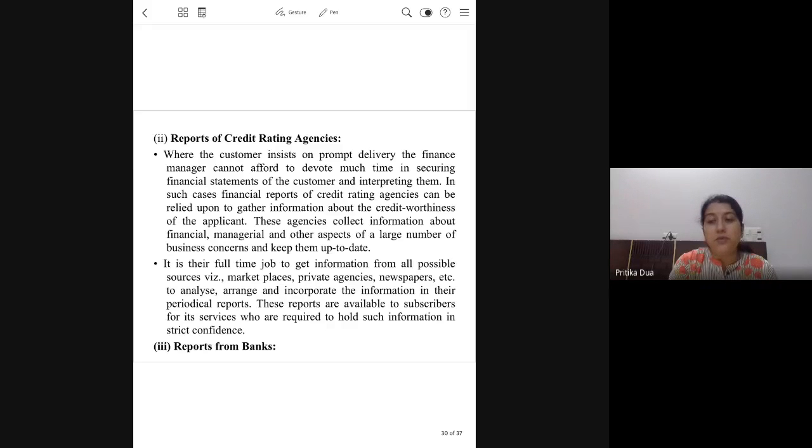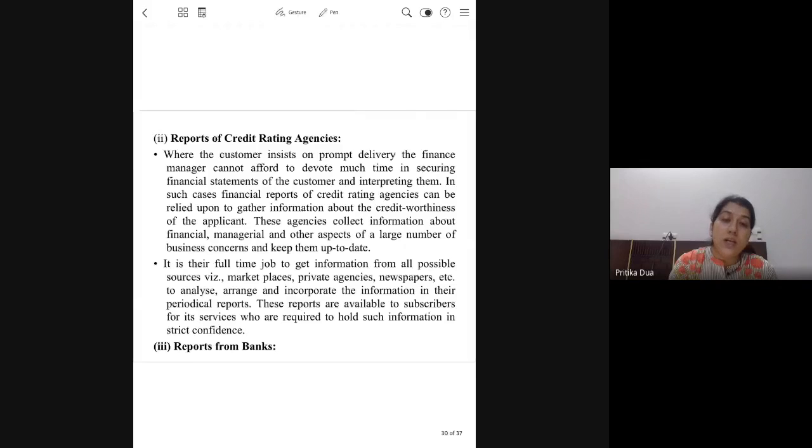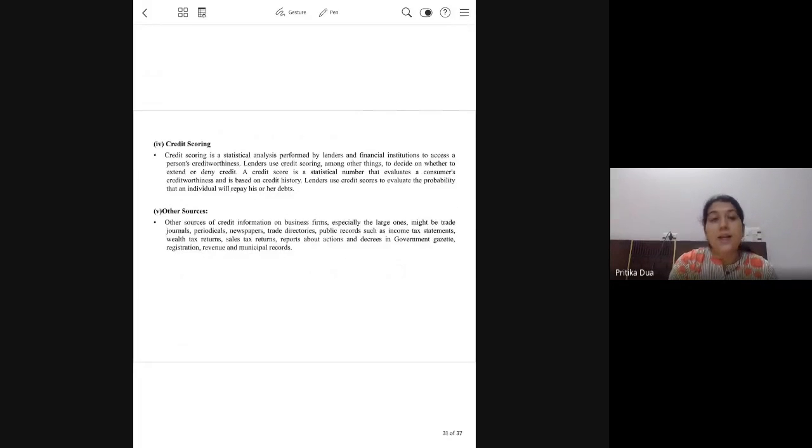Now this can be for individual or organization, whether they have taken loan in the past and they have paid the EMIs on time, whether there has been some default or all the principal payment has been paid. This will also help you evaluate the credit worthiness of your customer. Then credit scoring. Credit scoring is for an individual customer.